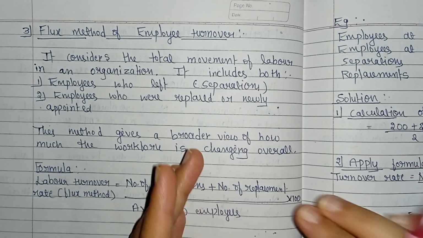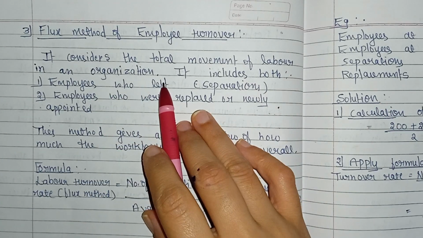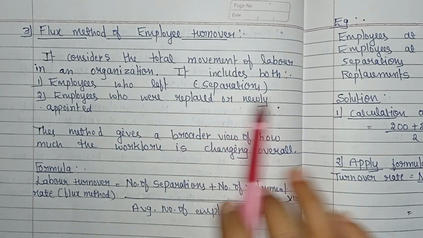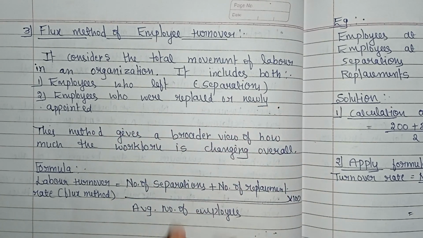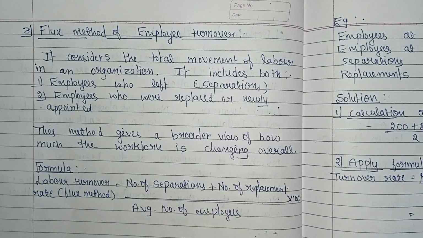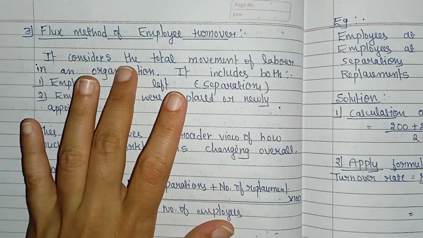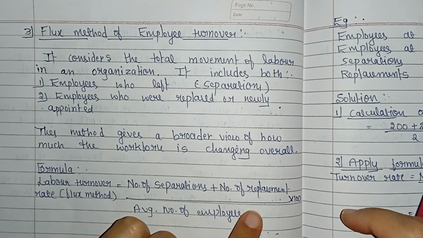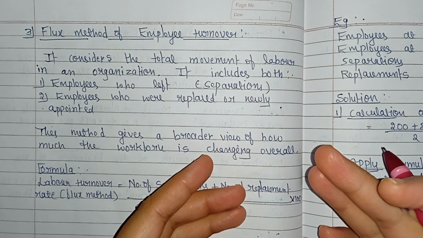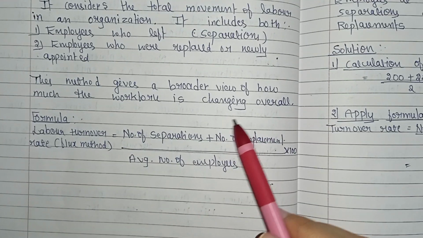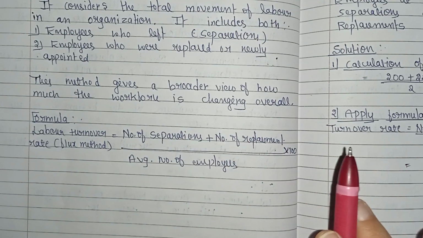That is, separation method means employees who left, and replacement method means employees who were replaced or newly appointed. So it is a combination of separation and replacement method. That is what it considers, the total movement of labor, whether employees who left and the employees who were replaced. So this method gives a broader view of how much the workforce is changing overall.